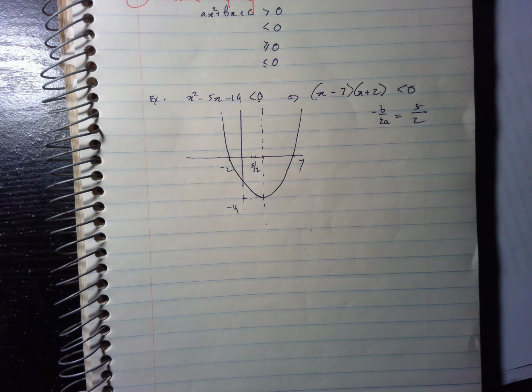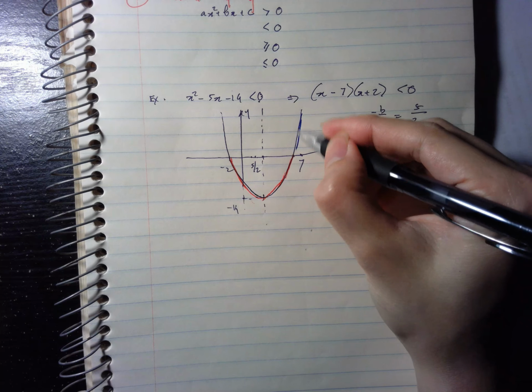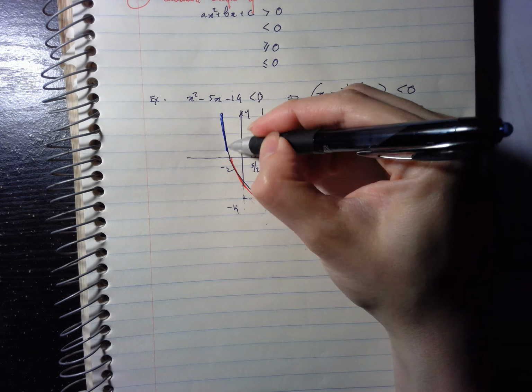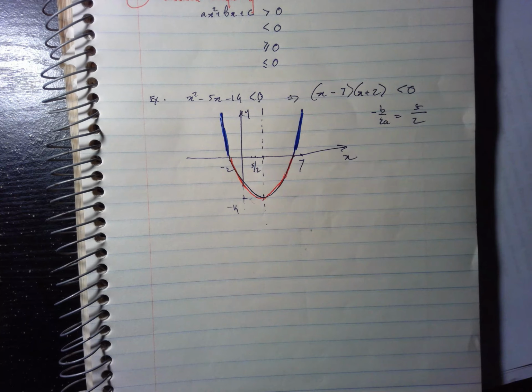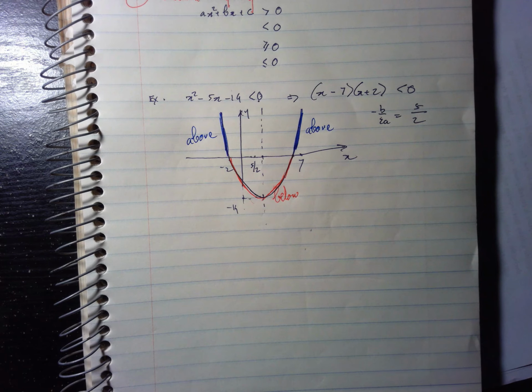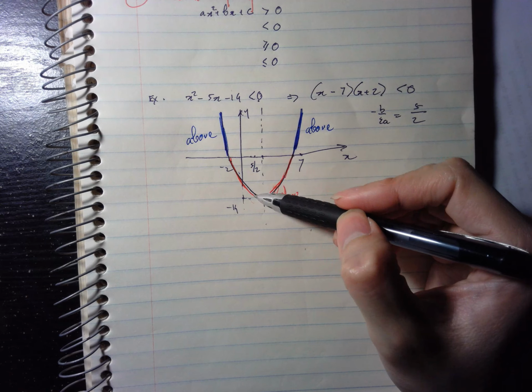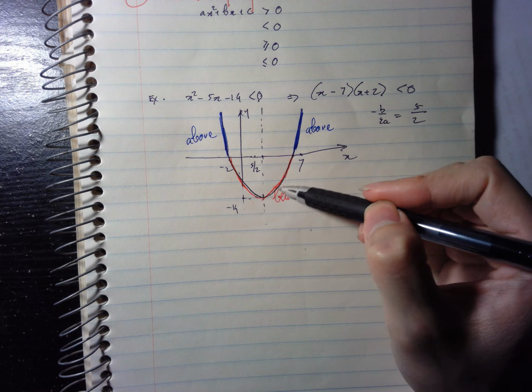It cannot be here because it's above. This branch is above the x-axis. This branch also is above the x-axis. Only this part is below the x-axis.